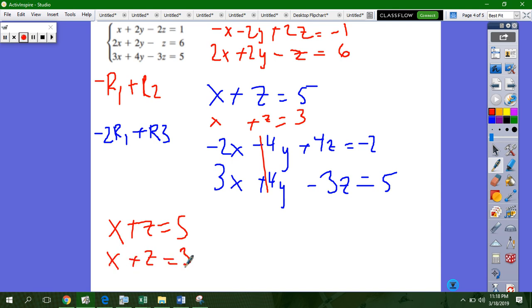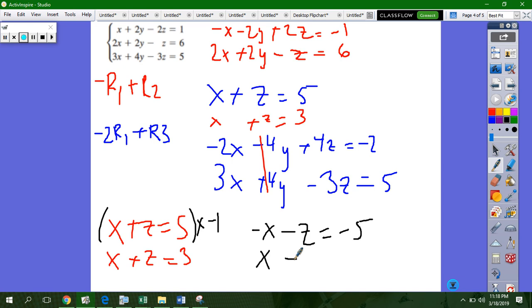Now look at this. We're going to do the math, but if we look at this really quickly, can x plus z equal 5 and x plus z equal 3? That's no. So right now I kind of know it's a no solution, but I'm going to prove it to you as I go one more step. I'm going to multiply the top row right here by -1. I get -x minus z equals -5.